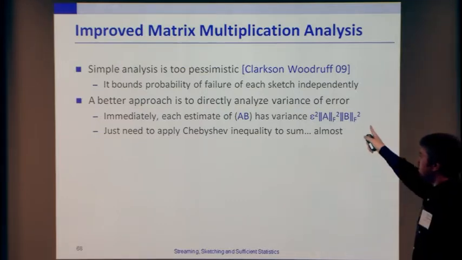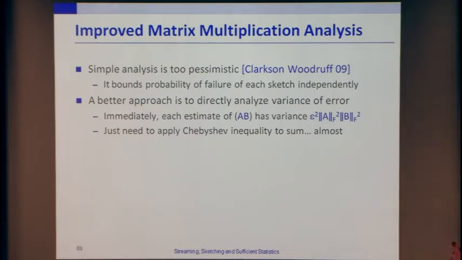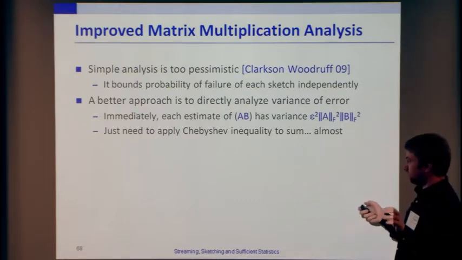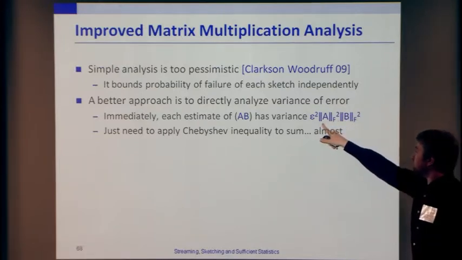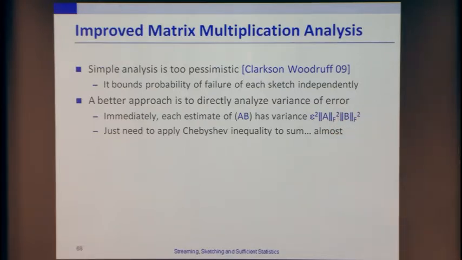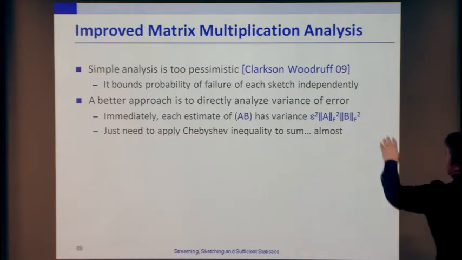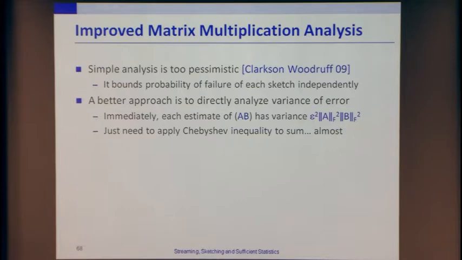So what that says is just using a single set of sketches, you can look at the overall error of your estimate of the product, and show that the variance is bounded in terms of epsilon squared times the product of the squared Frobenius norms. And you think, well, that's great. I can follow that recipe that we've seen several times. We use Chebyshev to get us constant probability. And then we just have to do that median thing with a Chernoff bound and we're done.